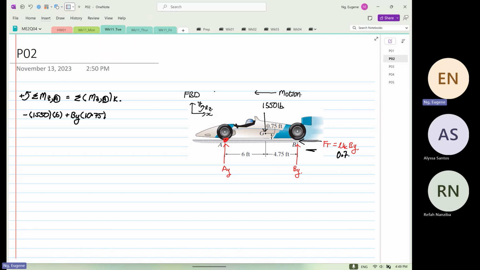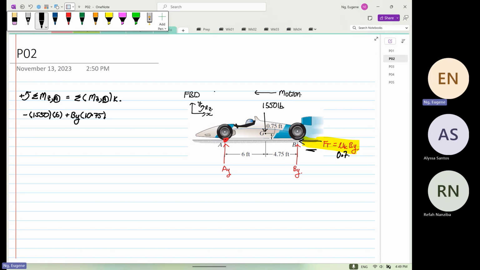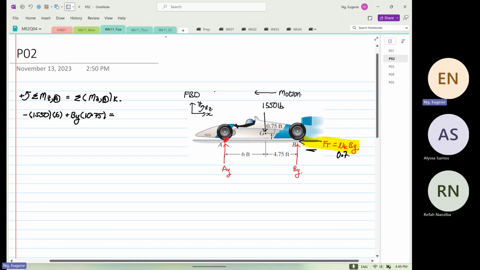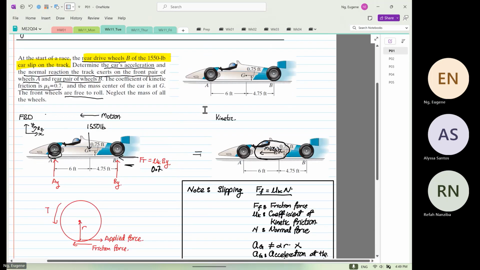Now, because we are taking moment at point A, F_r, the force due to the friction, will not generate a moment. And this is because of what? You don't have any perpendicular distance. Okay, so we don't have any perpendicular distance for F_r. So in that context, we don't have any moment. Okay, then this will be equal to, let me get our kinetic diagrams over.